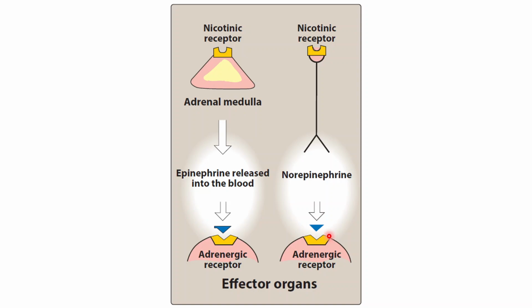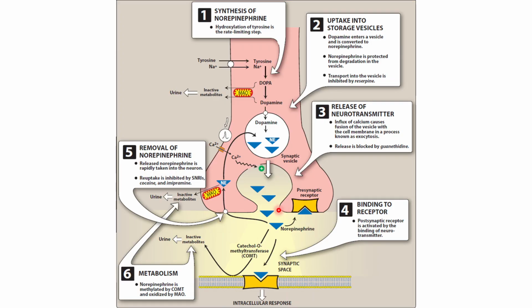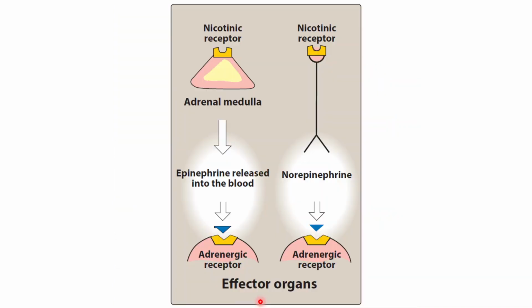These receptors can be located either on the presynaptic membrane or on the postsynaptic membrane. Also the epinephrine is released by the adrenal medulla to the blood, and then will act on the adrenergic receptors in the vessels and heart.